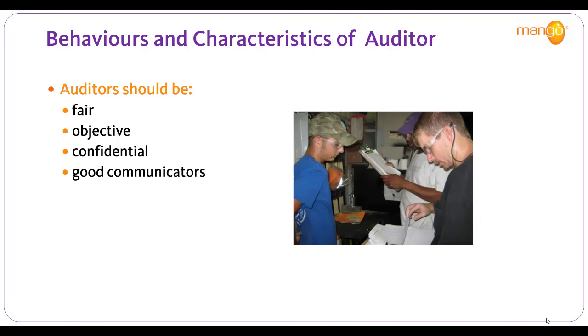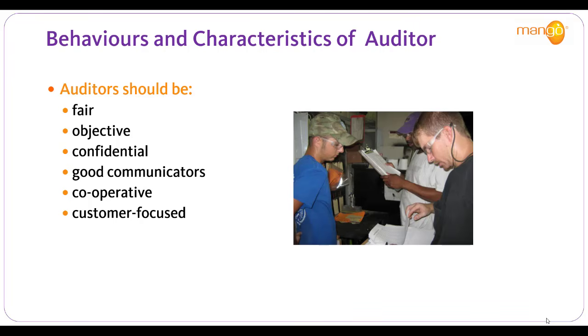Again, good communicator, so be able to question and listen at the same time and be able to write nice, clear, understandable reports. There needs to be some cooperation between the auditor and the auditee so that the evidence is presented fairly and both sides are cooperative.